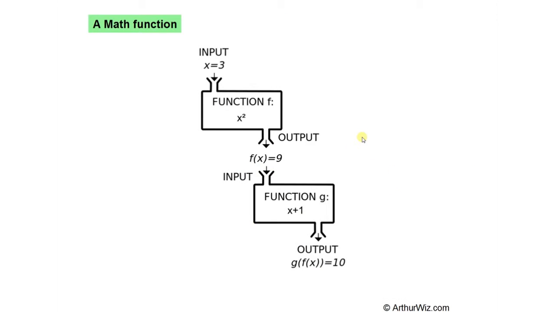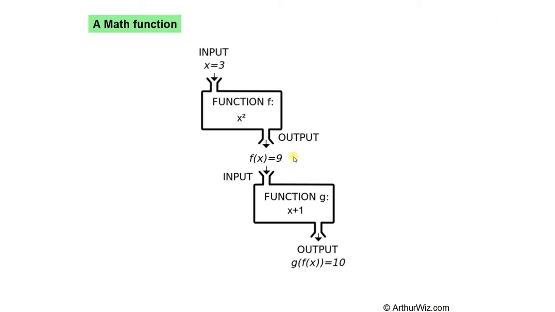In a math function example, you see that if x equals 3 as input, it goes to the function of x to the power of 2. So if x is 3, we multiply it by itself, and it becomes 9 as the output.